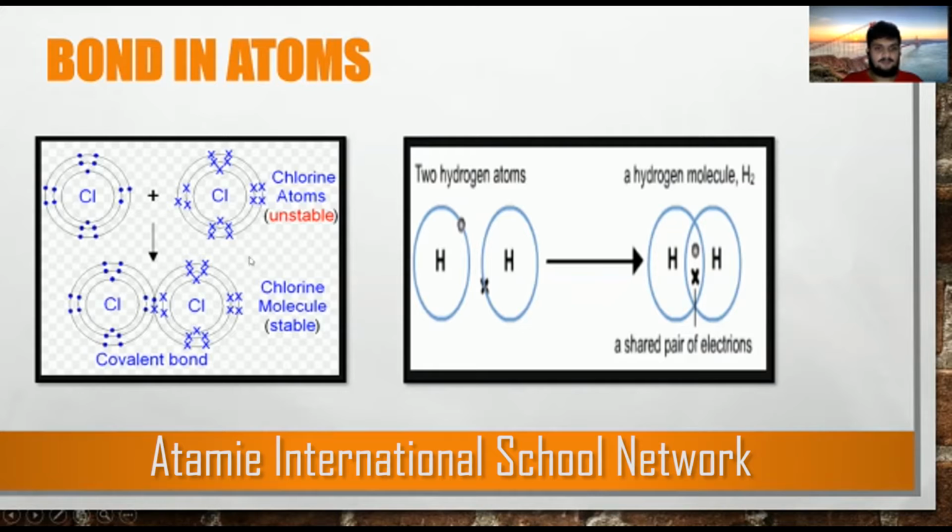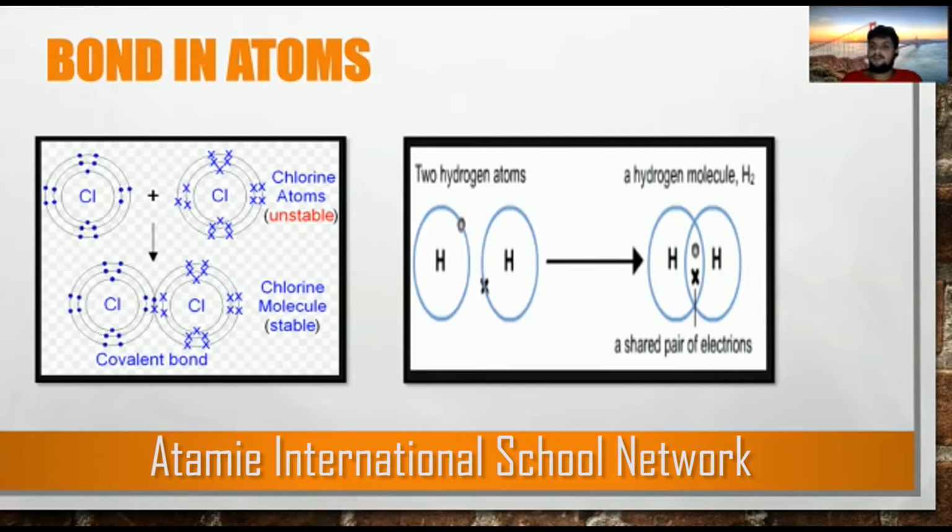For example, take chlorine. This chlorine has 7 electrons in its outer shell, because it's in group 7. So there are 2 chlorine atoms which have 7 electrons in the outer shell.